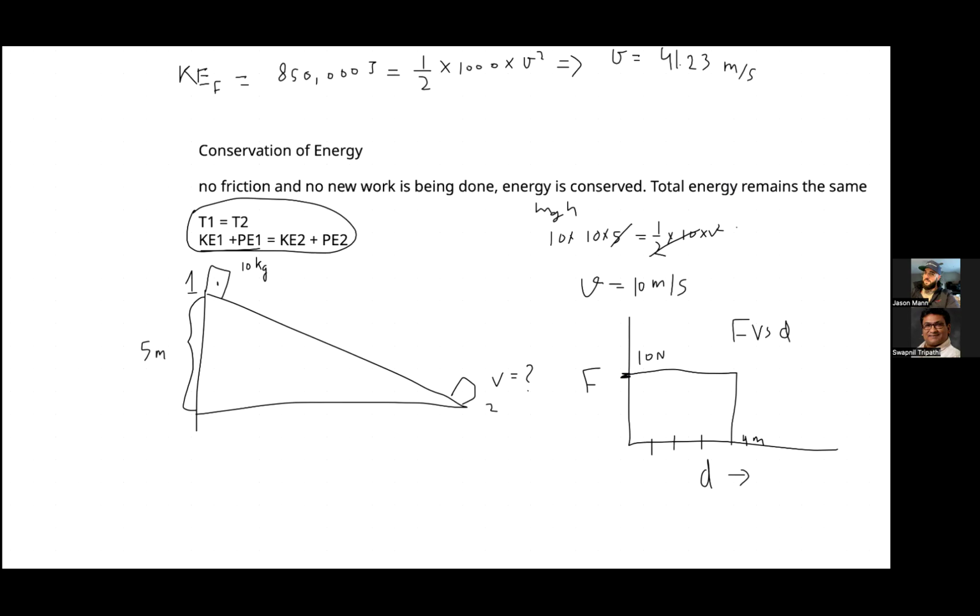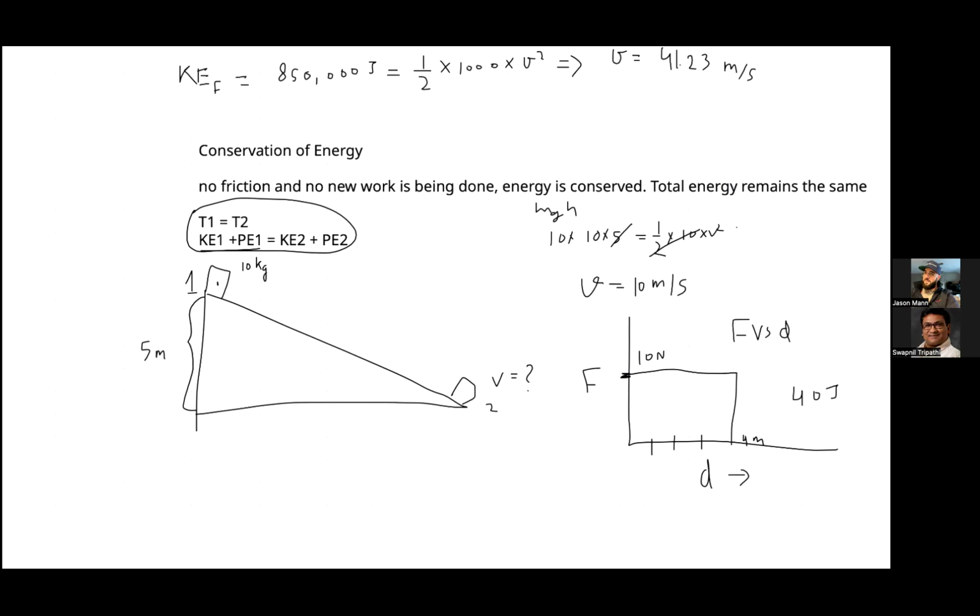So if they ask you that this is the graph of force versus distance, what is the work done? Then you will calculate the area. Here, this will be very simple, 10 times 4, because this is a rectangle, right? 10 times 4 is 40 joules. So that's how it works, basically, in principle.